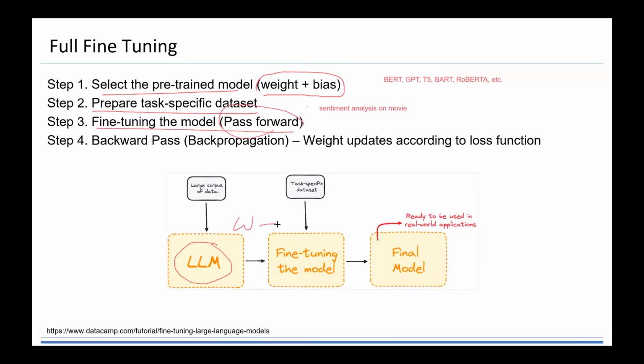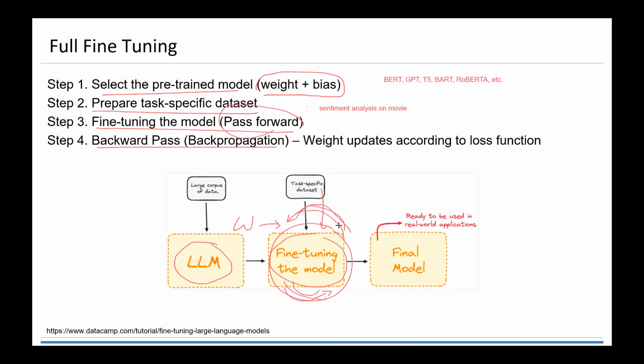So we pass the weights into the task specific dataset and fine tune it. The fine tune is another neural network, and we do the backpropagation, the backward pass. So we have feed forward, backward, feed forward, backward, until it is converged.